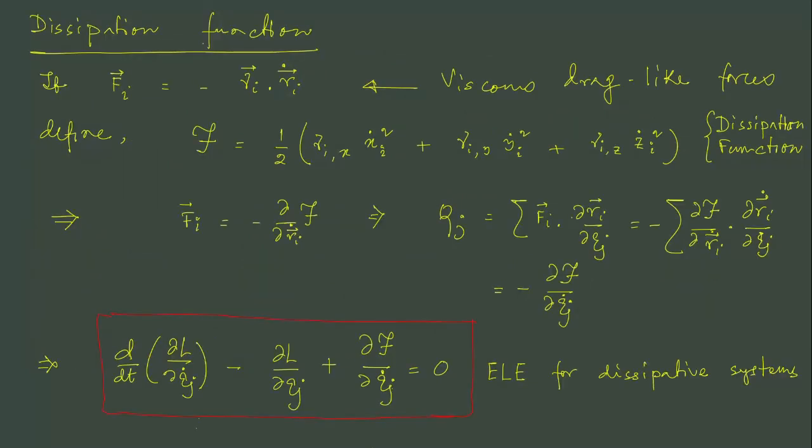Another case where the Euler-Lagrange equation can be extended is if we have drag forces, like viscous drag-like forces, where the force is proportional to velocity but opposite in direction. It is somewhat like the situation where you drop a sphere in a column of liquid and it's going down.